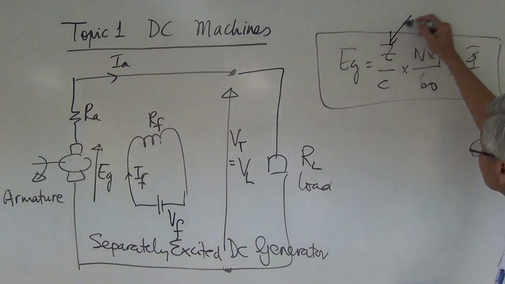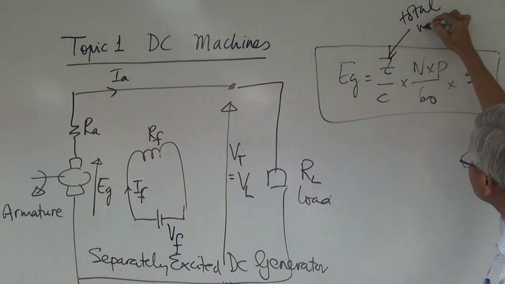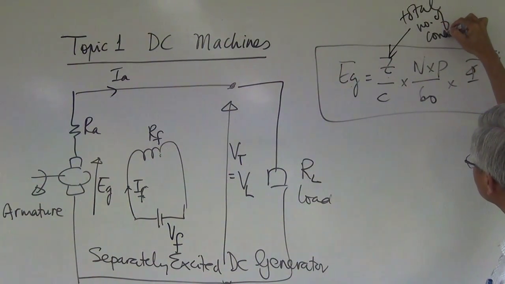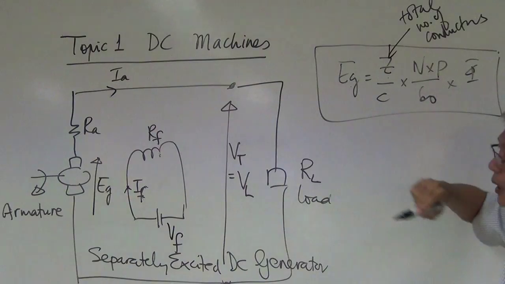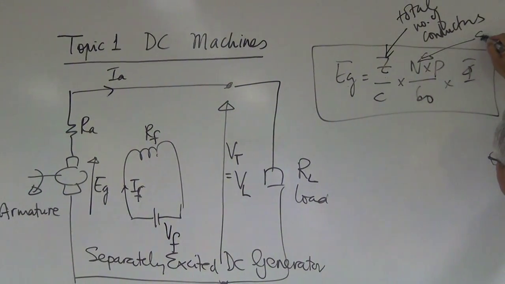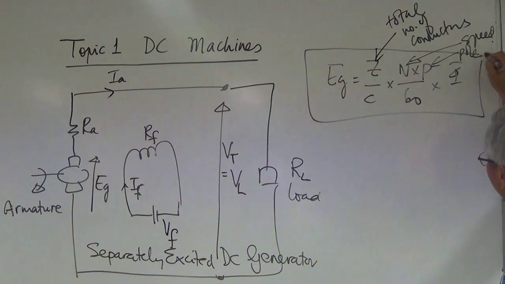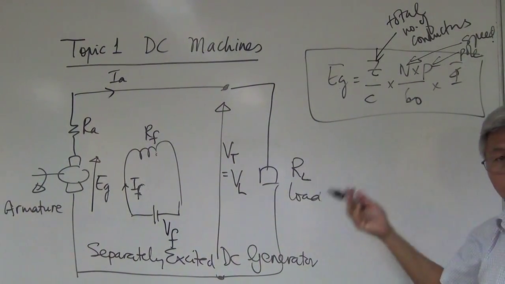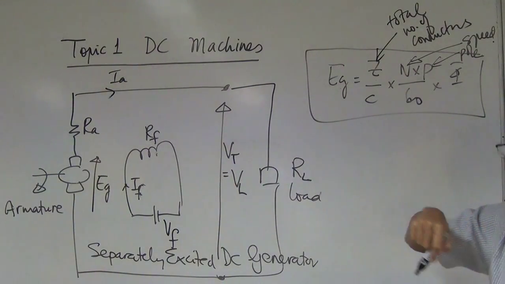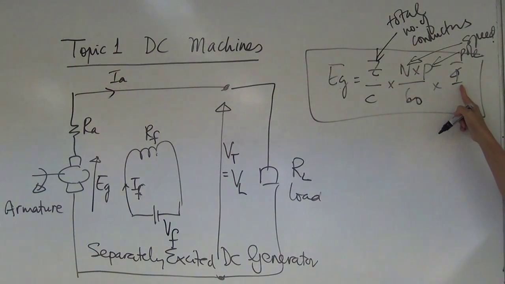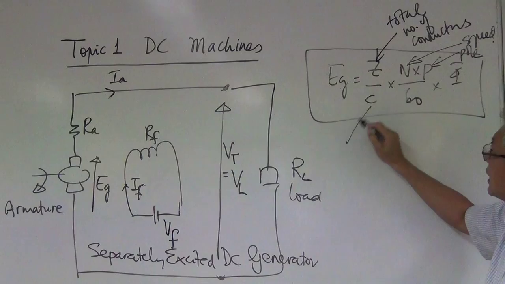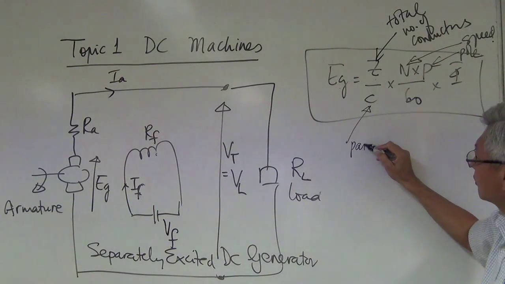Z is the total number of conductors. What is N? N is speed. What is P? P is the number of poles. If the question says 6-pole machine, then P is equal to 6. And this is the flux, magnetic flux. Now what is C? C is the parallel path.